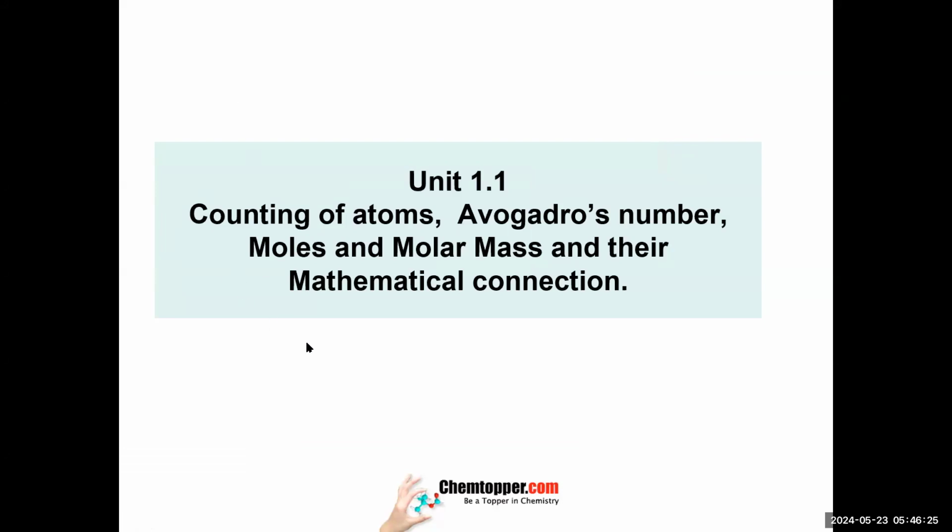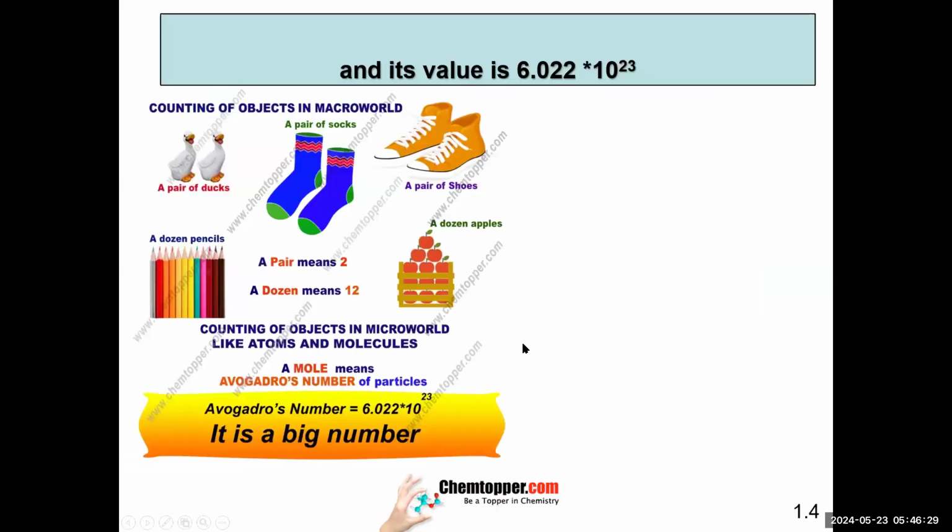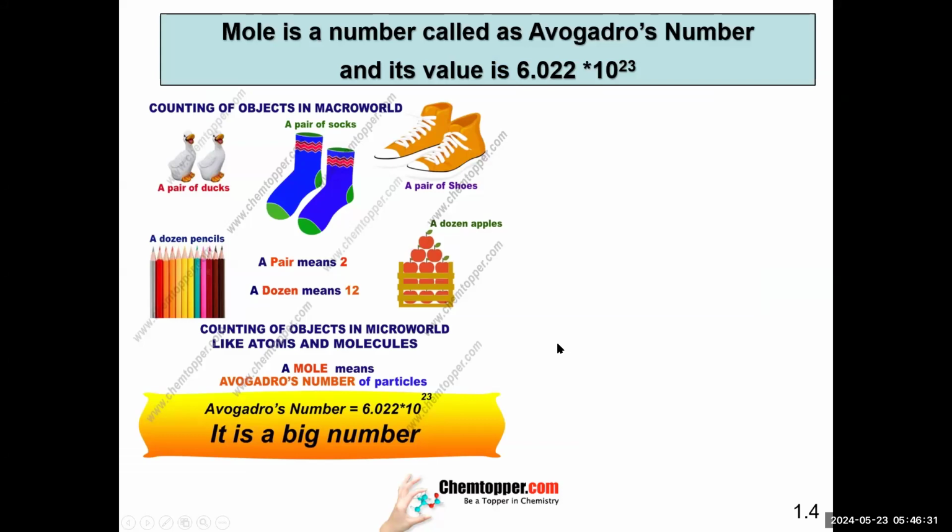The very first thing which we have to learn here is the meaning of Avogadro's number. Avogadro's number has a fixed value. It's called Avogadro's number and it represents a mole. What does this represent?